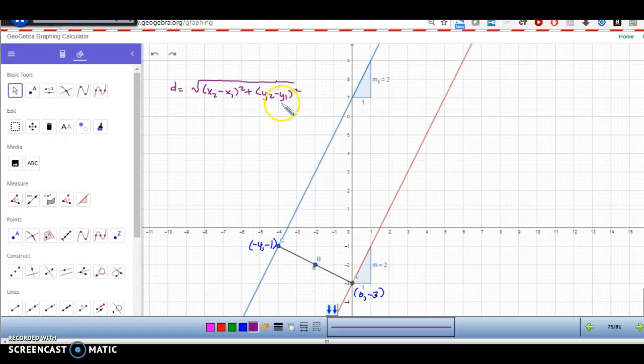And this y2 minus y1, I said that backwards. The x2 minus x1 represents this horizontal distance, which you recall we said was, do you remember what it was? It was 4. That is my x2 minus my x1. And then this distance right here, which was 2, that is my y2 minus y1.